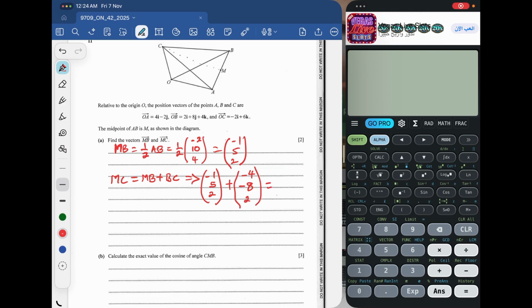So this gives me minus 5, minus 3, 4. So this is my answer.